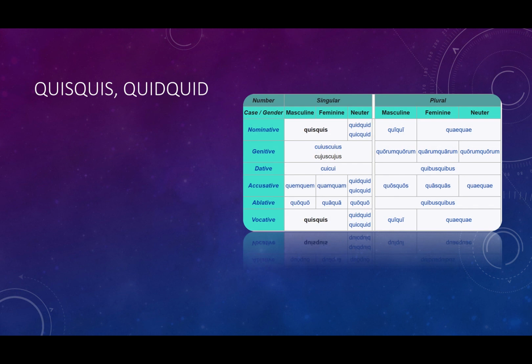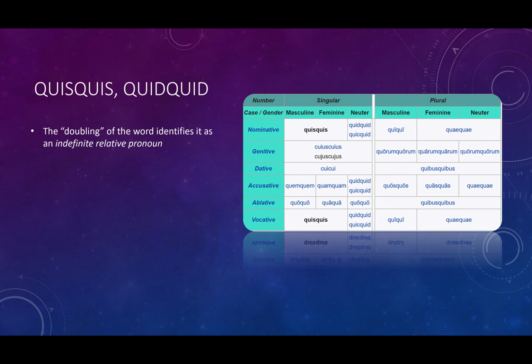Then we have quisquis and quidquid. It declines in kind of a funny way. This is my favorite one because it's the same word duplicated. So quis, cuius, cui, quem, quo, quis. It's saying the same word twice.